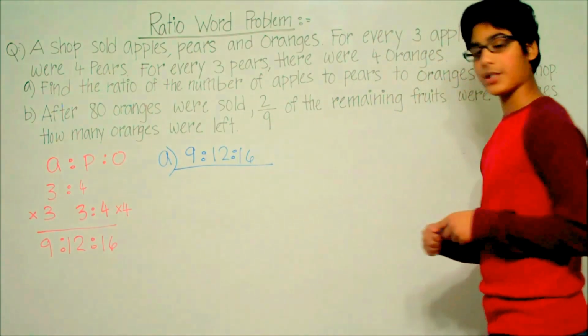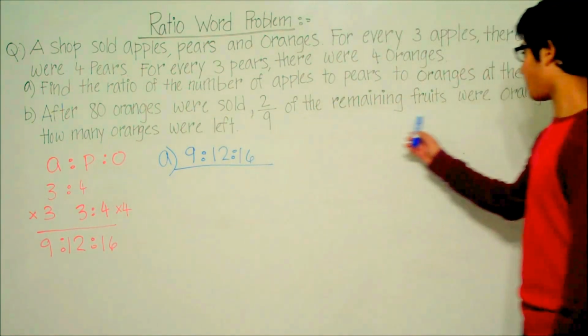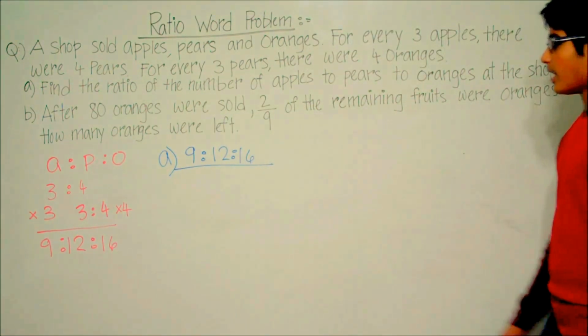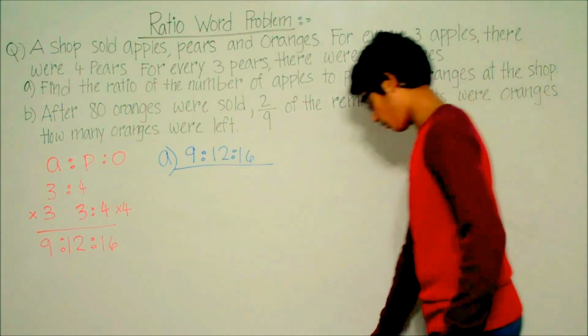Now let's move on to question B. After 80 oranges were sold, 2/9 of the remaining fruits were oranges. How many oranges were left? Let's first find the total fruits.